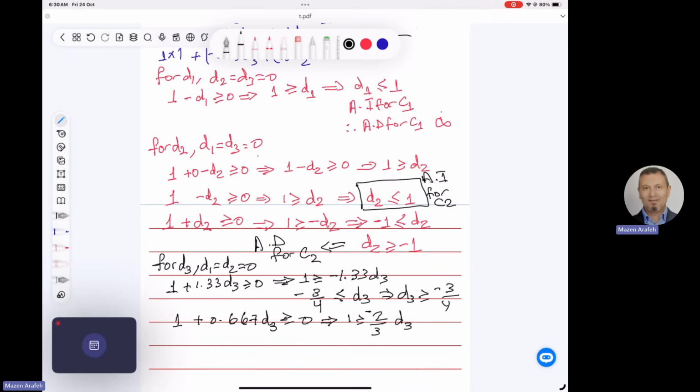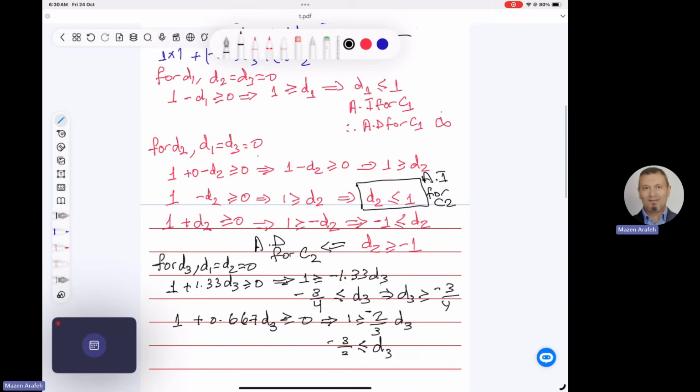This will become less than or equal to, we change the sign, D3. Okay.